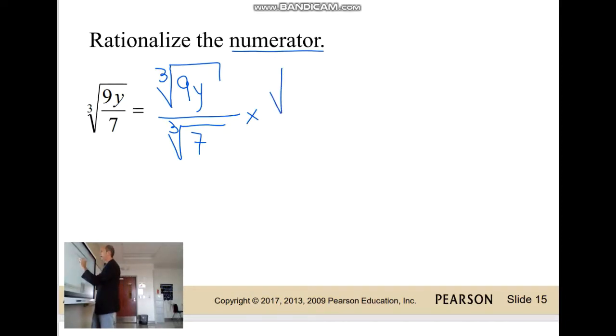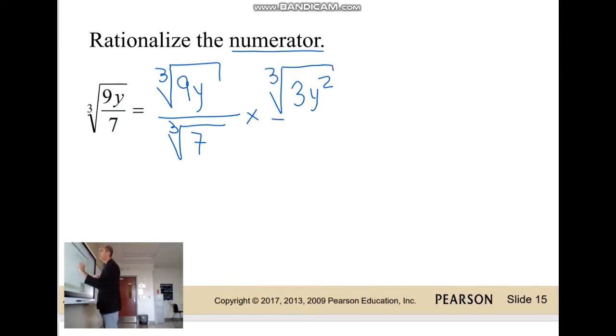So let's multiply. And the 9 is 3 squared. And if we multiply here by 3, we're going to have 3 cubed. And y is just y exponent 1. We can multiply by y squared. And then we will be able to simplify the cube root here.